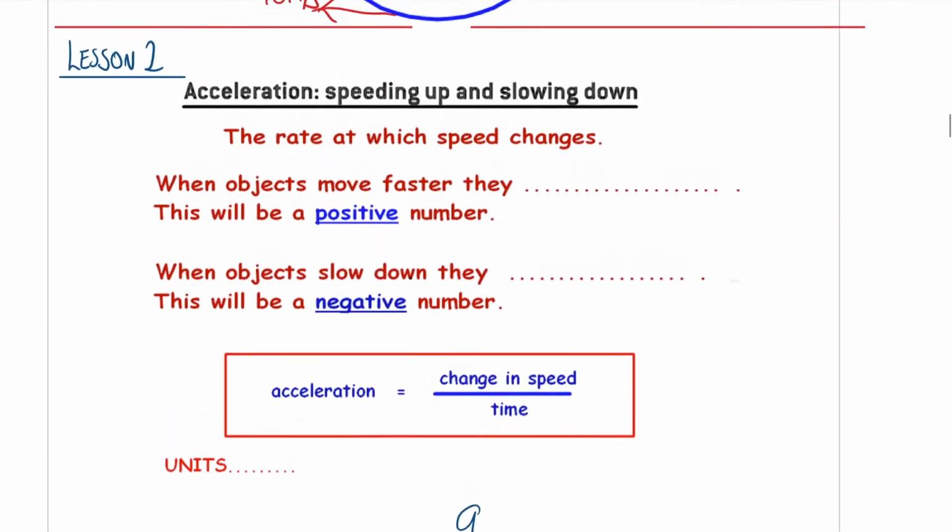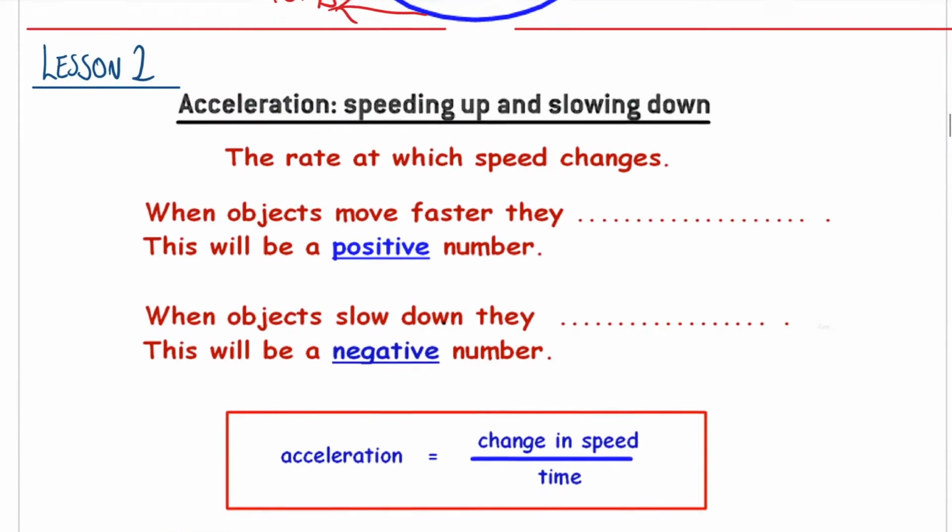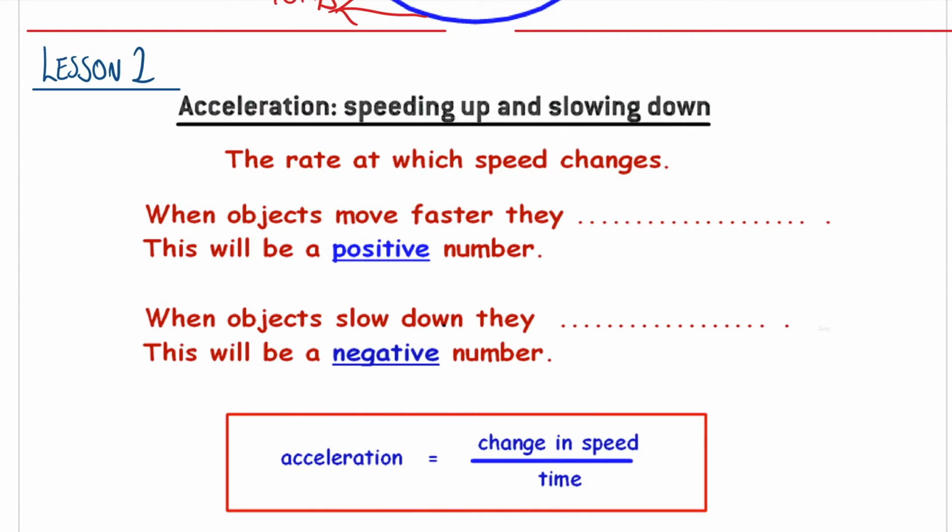Okay, so there's a very simple definition there of what acceleration is: the rate at which speed changes. Now, wherever you see the word rate, it's to do with time, how quickly something happens. Underneath that, it says, when objects move faster, they accelerate.